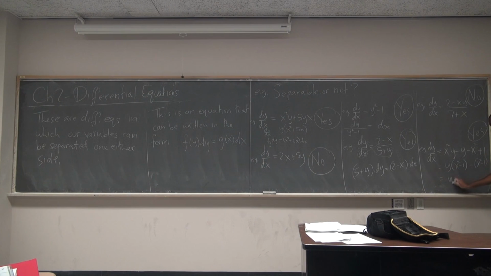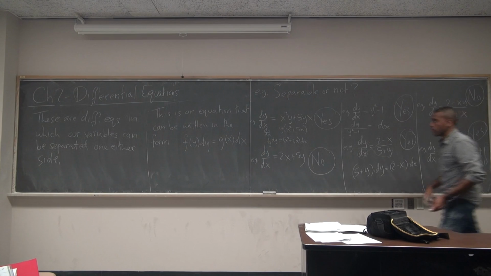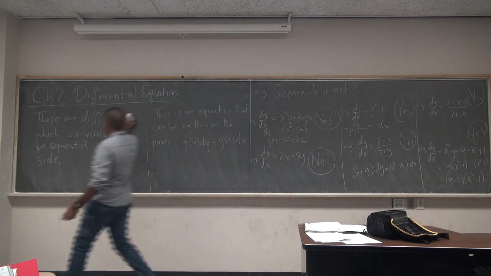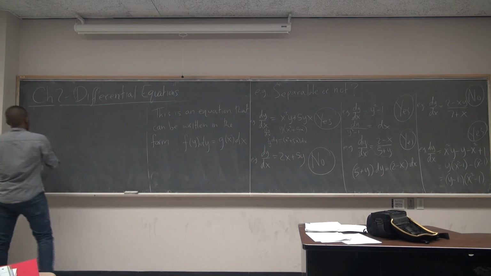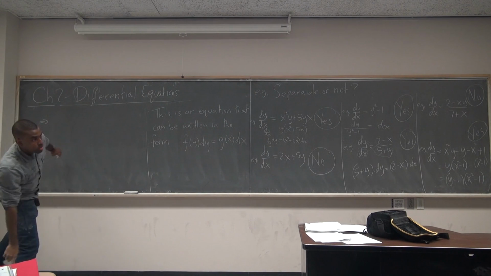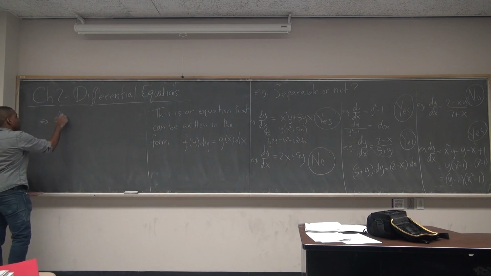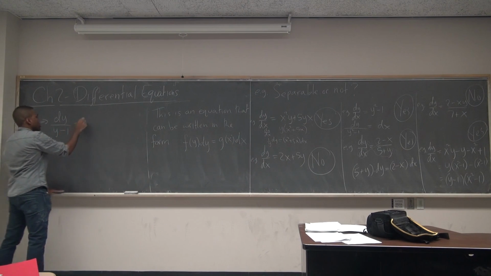Factor by grouping ends up being y minus 1 times x squared minus 1. Then I just divide by the y minus 1. This means I have dy over y minus 1 is equal to.